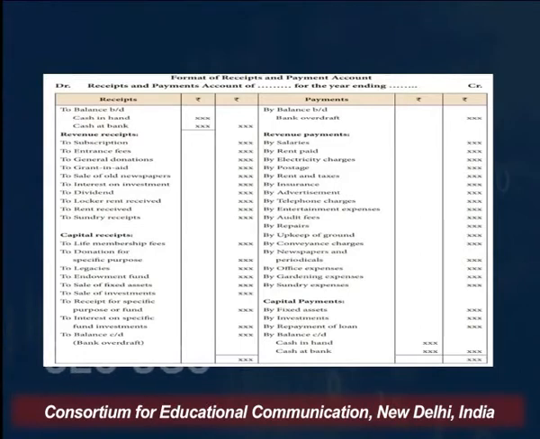So, on the left hand side, we have receipts, and the receipts have been categorized into 2 categories, revenue receipts and capital receipts, but this is a matter of choice.